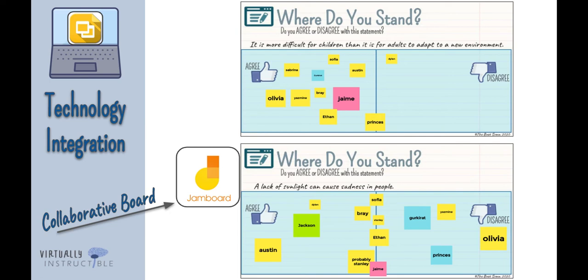I want to talk about technology integration because one of my big reasons for using digital interactive notebooks was because I felt like the composition books, the paper books with the glue and the tape and all that, it wasn't very interactive.